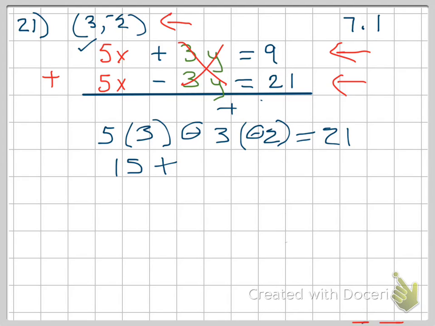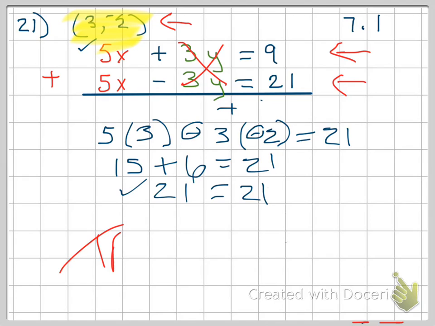So a positive, and 2 times 3 is 6, equal to 21. And 15 plus 6 then is 21, which means both sides of the equation are the same, they're equal, which means that our coordinates 3 and -2 are where both lines are going to intersect, so they are true. We got the correct answer.